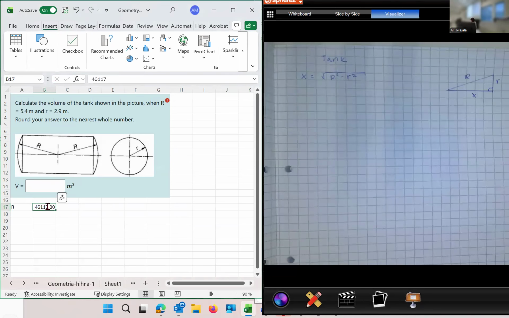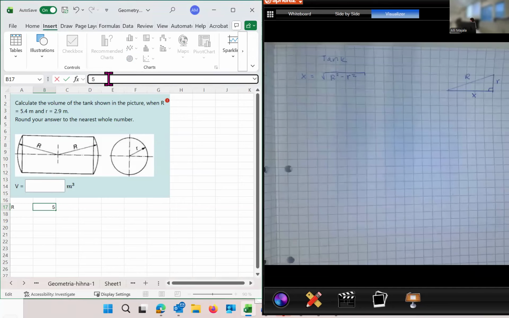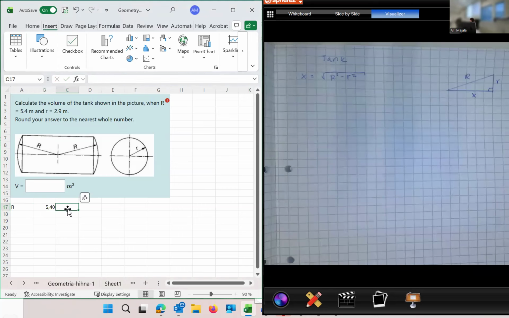What? Now I understand why it does this. I'm using the wrong, I have to use the comma always, yes? In Excel. Okay. In the STACK, you always use the dot. And in Excel, you always use the comma. Yes.